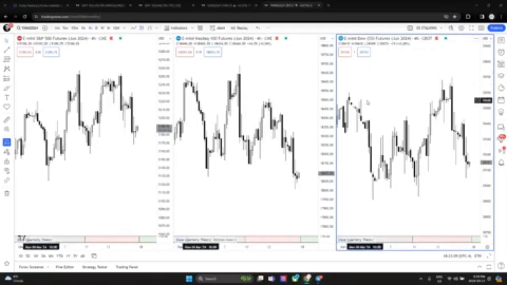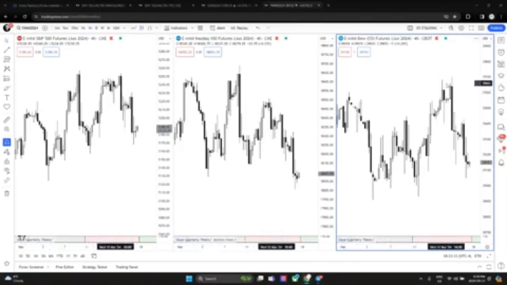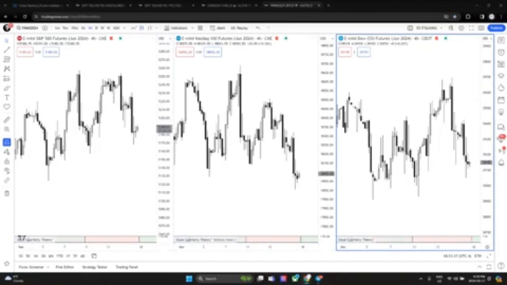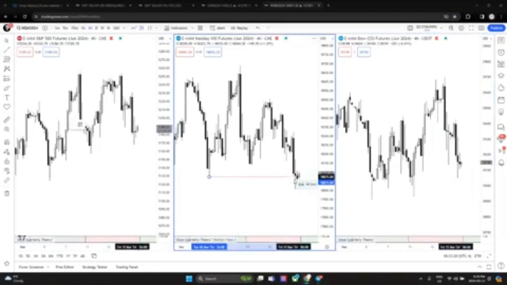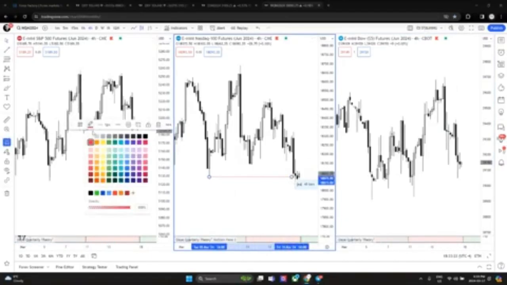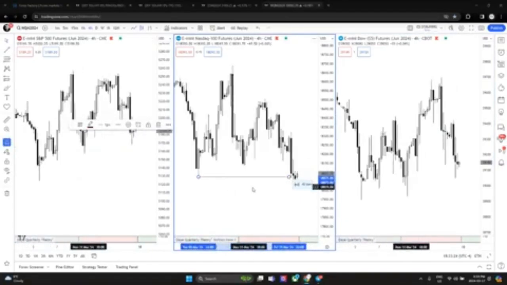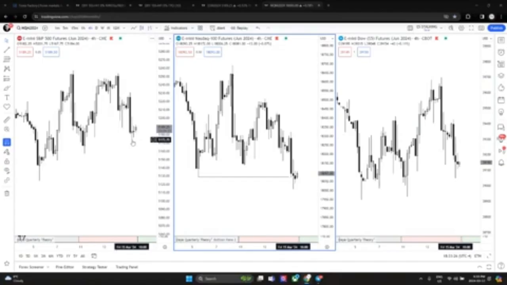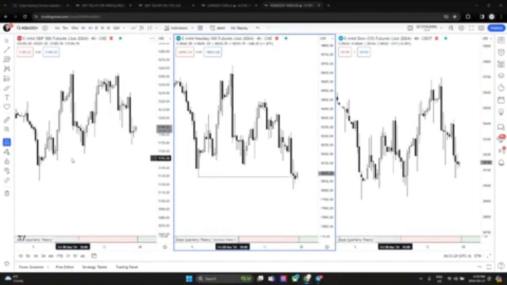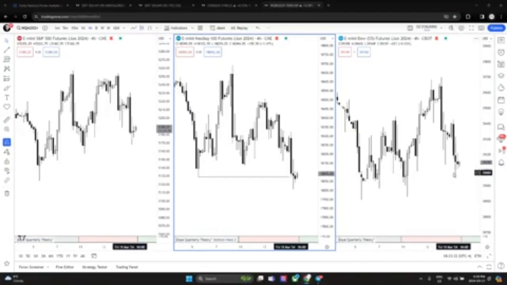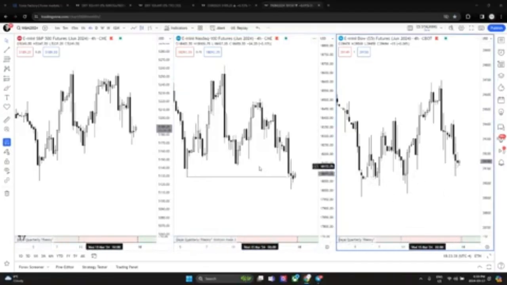In regards to the monthly cycle, right? Currently, we have Nasdaq taking this low out, right? Meanwhile, the E-mini S&P has not, and Dow has not as well, right?